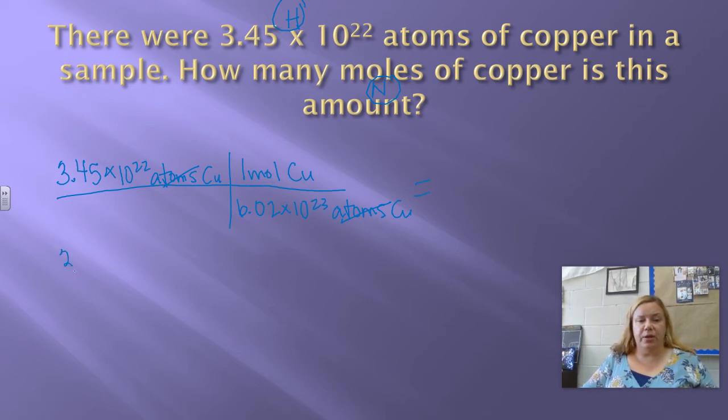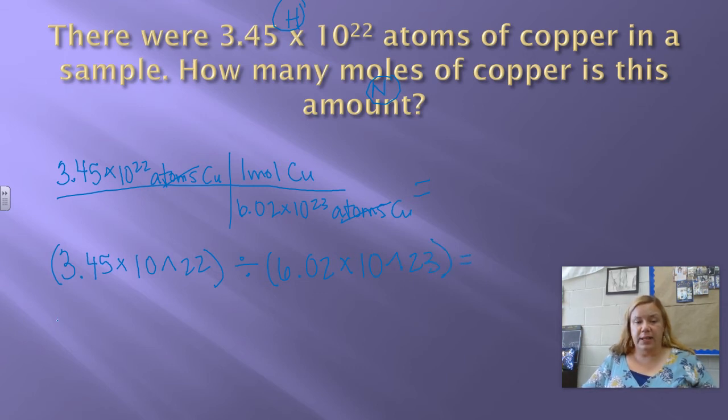There's two ways to punch it in your calculator. The first way would be parentheses 3.45 times 10 caret 22 end parentheses divided by parentheses 6.02 times 10 caret 23 end parentheses.